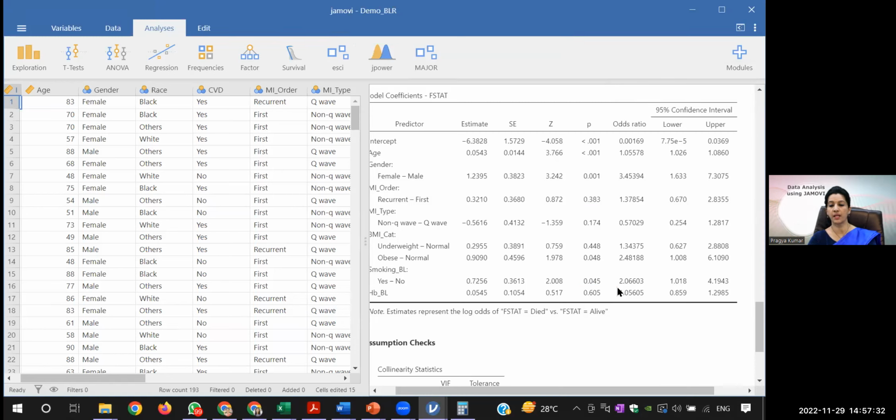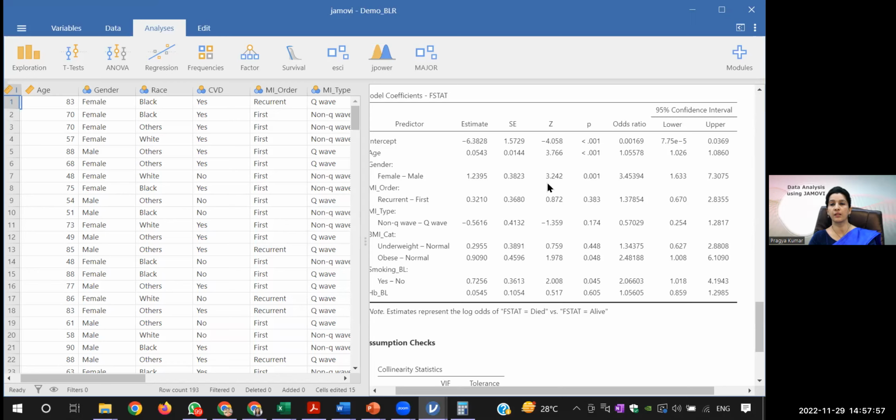And you can have a write-up. So how to explain this odds ratio? We were doing it in the odds ratio session also. You can either explain it in the form of a ratio or you can explain it in the form of a percentage. So like for gender, if the odds ratio is 3.45, what will I say? You can see it is the odds in female, reference category male.